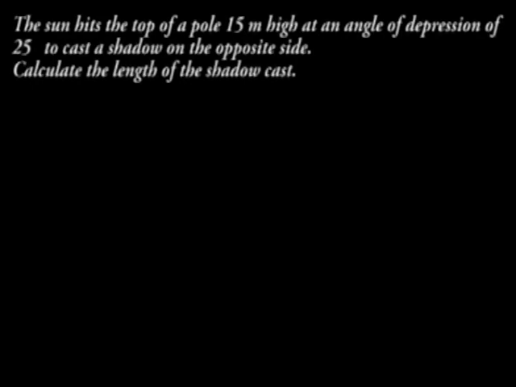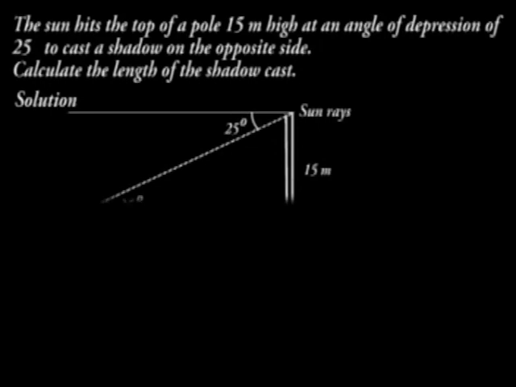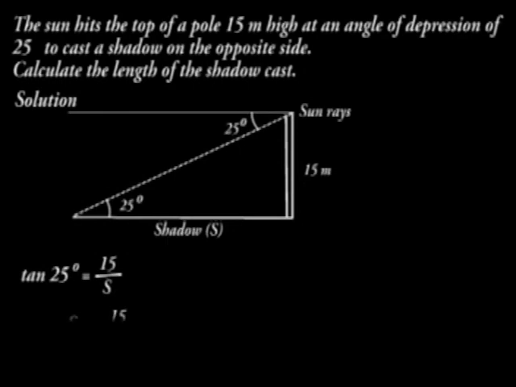In our solution, we can sketch the figure as below. The angle of depression is equal to the angle of elevation. Therefore, tan 25 degrees is equal to 15 over s, and s is equal to 15 over tan 25 and is equal to 32.17 meters.